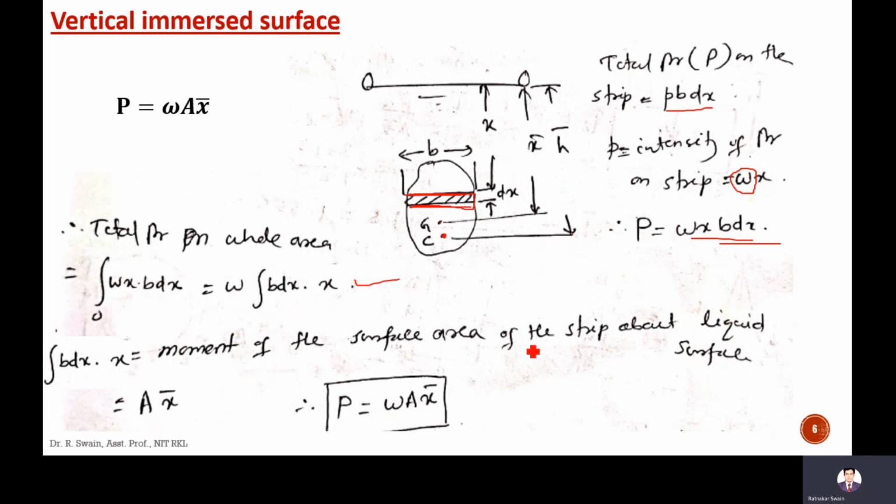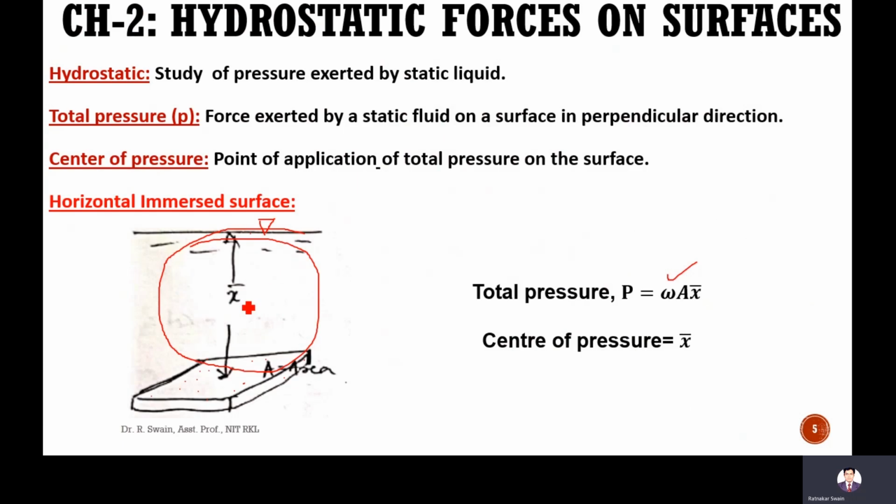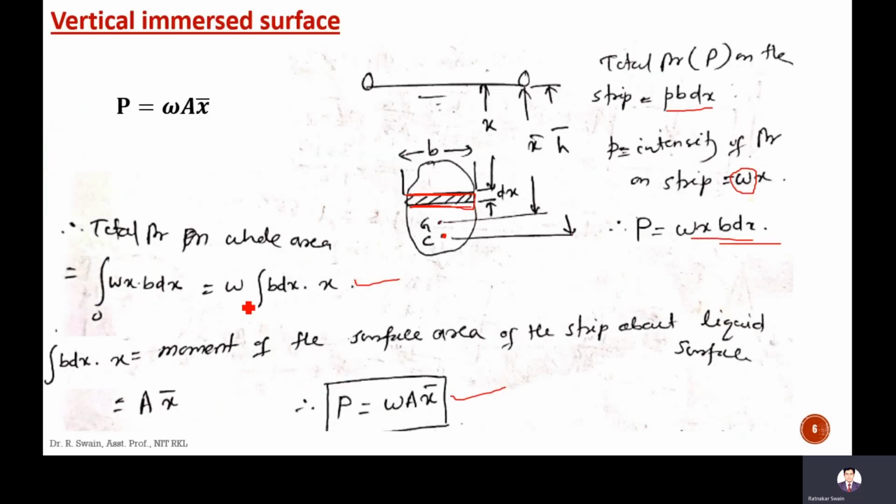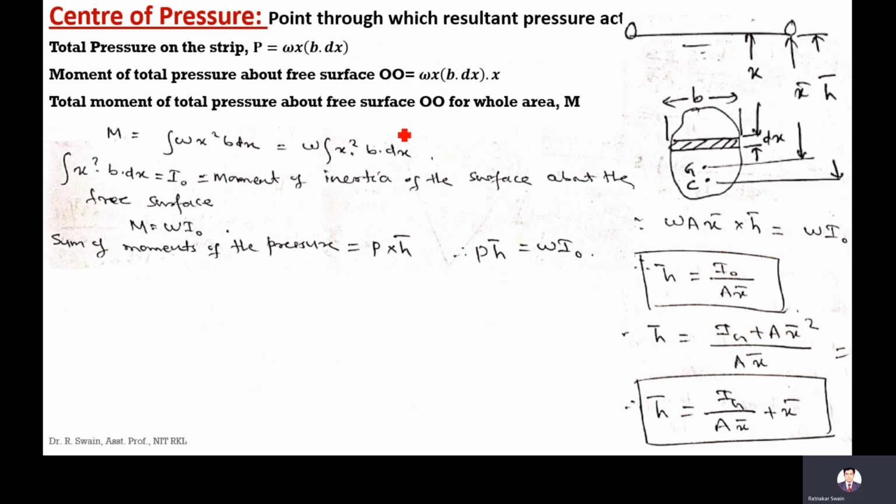That is the total pressure. It is equal to the horizontal pressure formula, but here x bar we have to calculate. Here x bar is not equal to h bar, unlike in a horizontal surface where x bar is h bar. Here I have to calculate this h bar, the center of pressure.